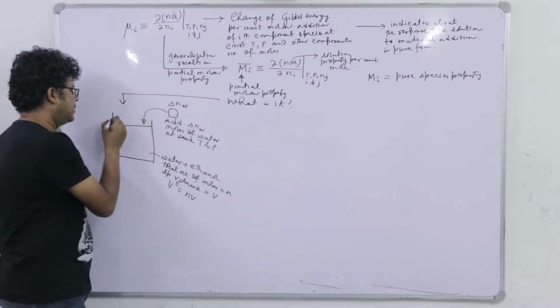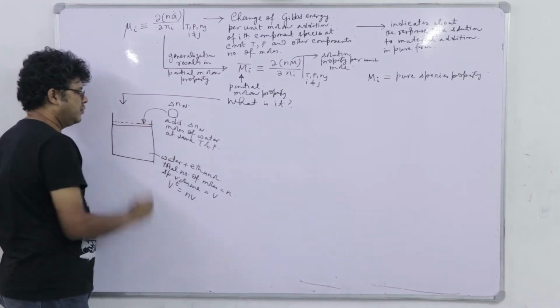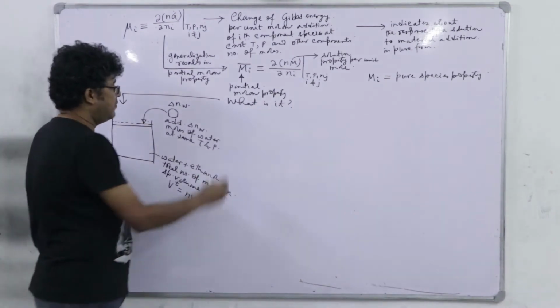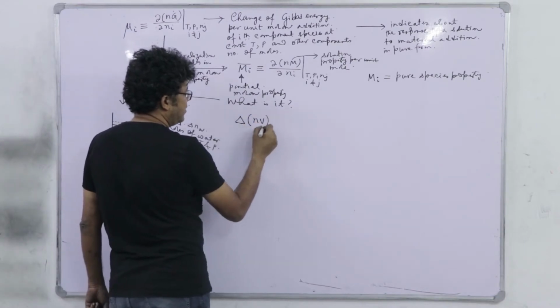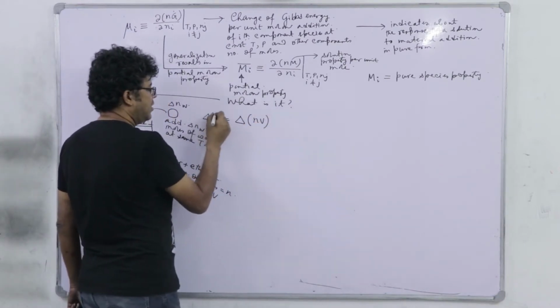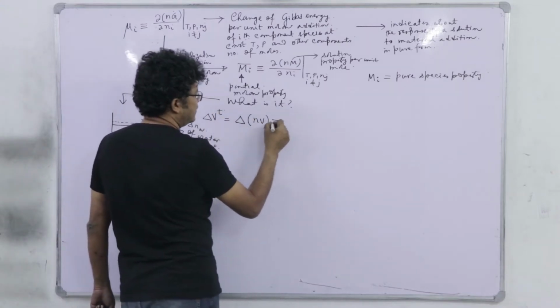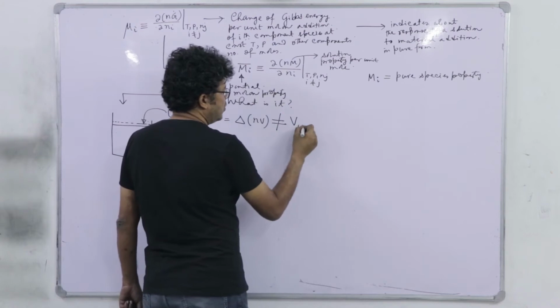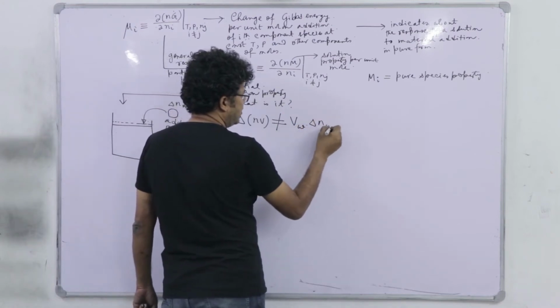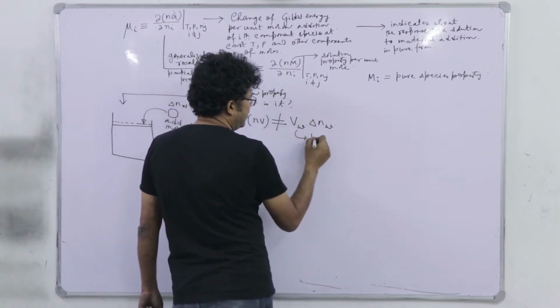Now, what will happen? The volume of the solution will change. However, this delta of N V, which is basically delta of Vt, we will find is not equal to V w into delta N w.